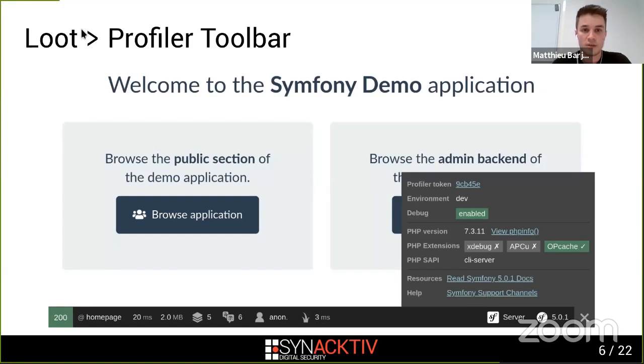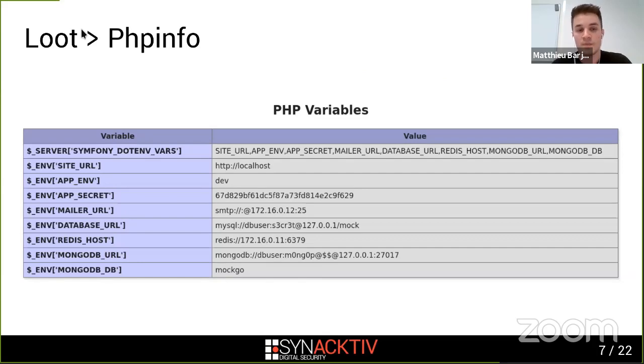So this is actually the first thing you see when you come across a Symfony application that has been misconfigured. This is the profiler toolbar. So this is not much, but there is already some information: the Symfony exact version, the PHP version, and some of the parameters of the deployment. And then if you go through the links, there is, for example, the PHP info.